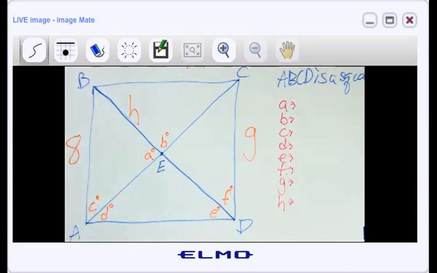You will need a calculator to figure out H. So I don't even know it off the top of my head. Let's see. Kira, that is correct.